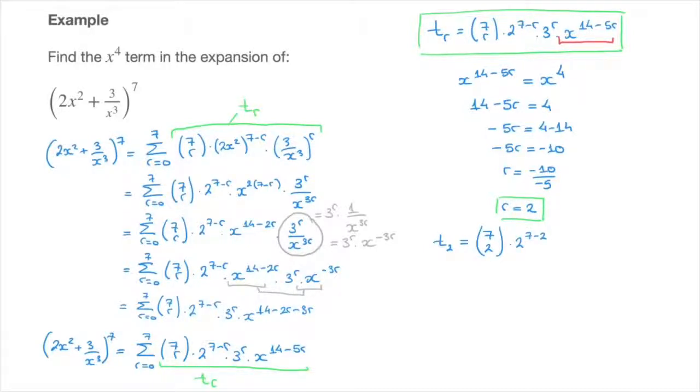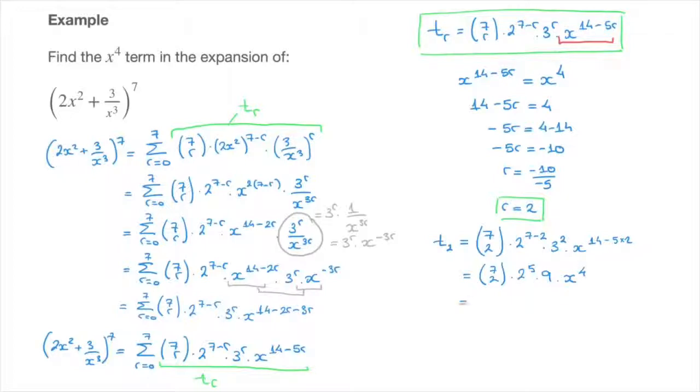7 minus 2 times 3 to the power of 2 times x to the power of 14 minus 5 times 2. That's equal to 7 choose 2 times 2 to the power of 5 times 9 times x to the power of 14 minus 10, which is 4.